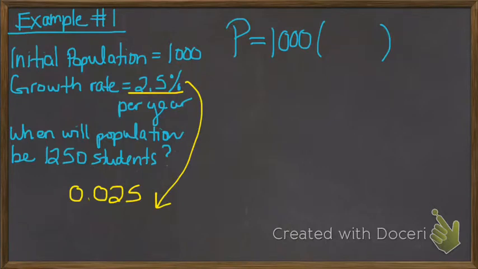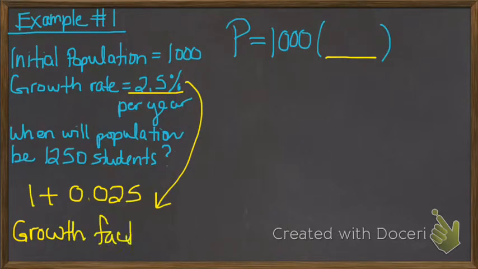Because it's a growth rate, the number that we see inside the bracket in our model here must be bigger than 1. If it's not bigger than 1, then we're not going to have growth. We're going to have decay. You remember that from the beginning of this unit. So we actually have to add 1 to this number. 1 plus 0.025 is going to give us our growth factor of 1.025.